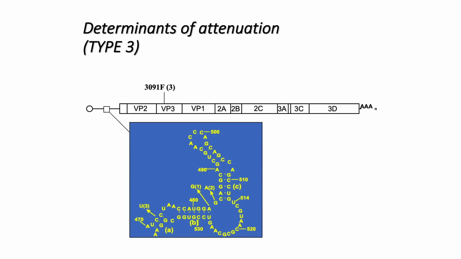These two mutations, when inserted into Leon, had a very similar effect in terms of attenuating the Leon strain for monkeys. So they were equivalent, basically, for monkeys.